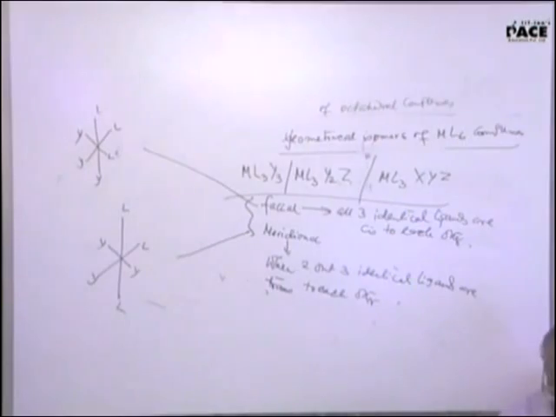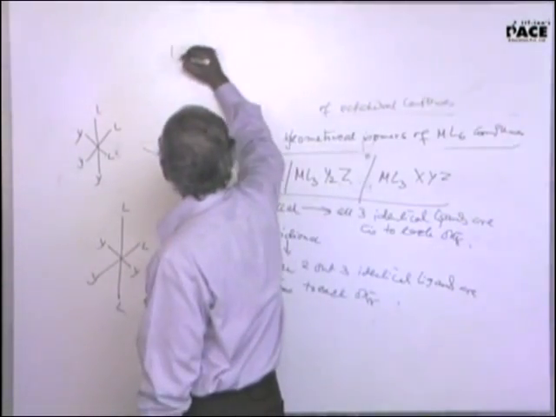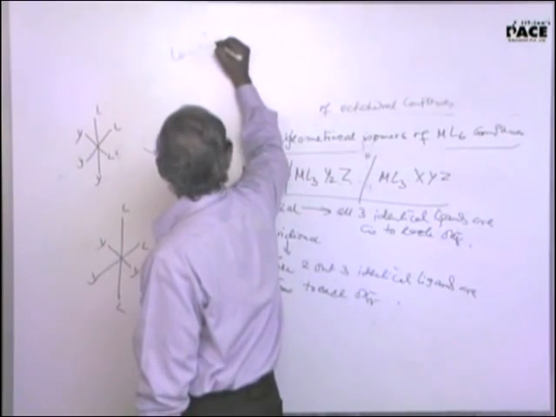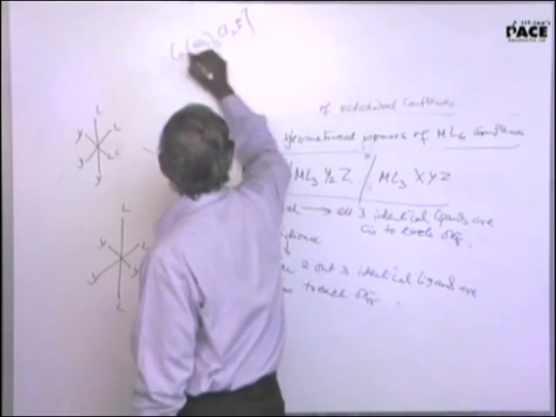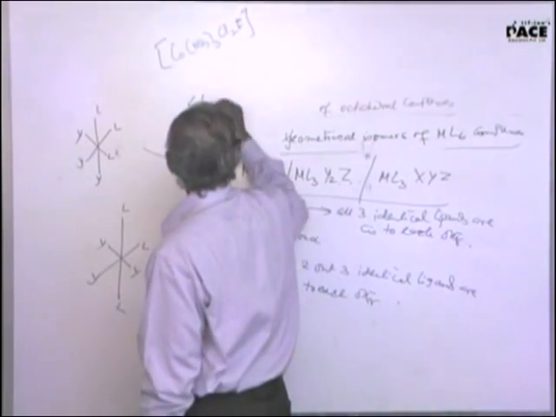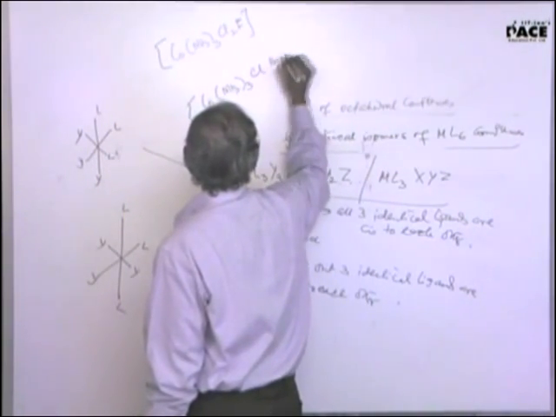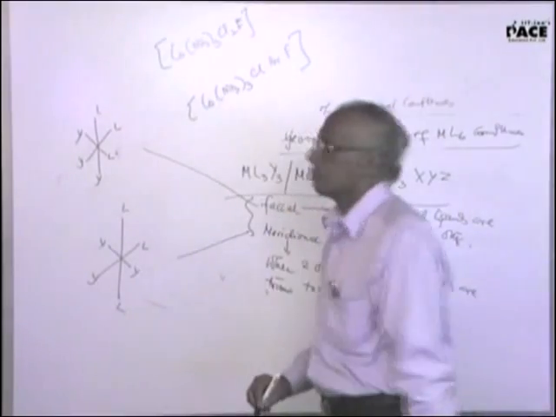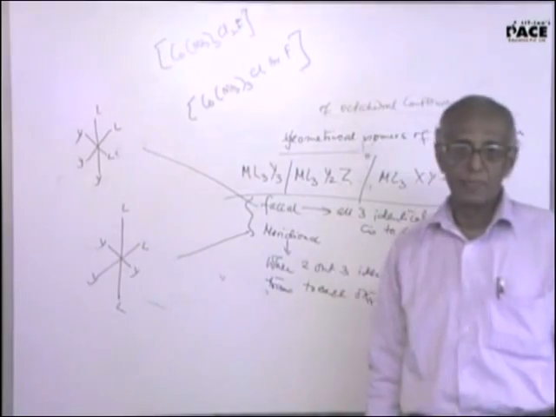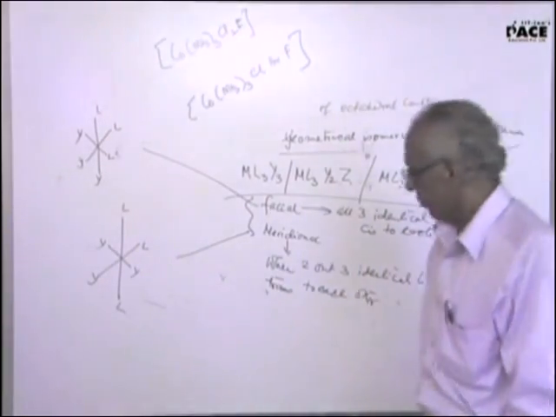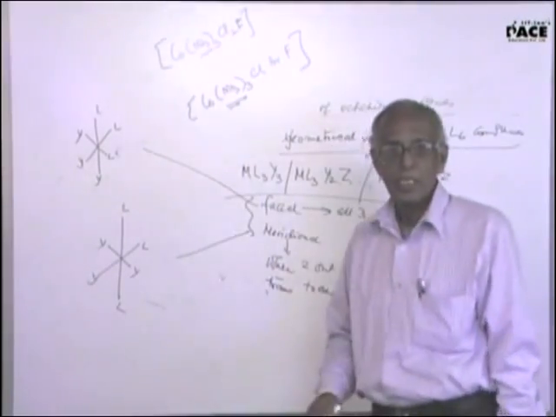Now, you give me the number of geometrical isomers. You see, there are 3 common ligands, 3 ammonia.